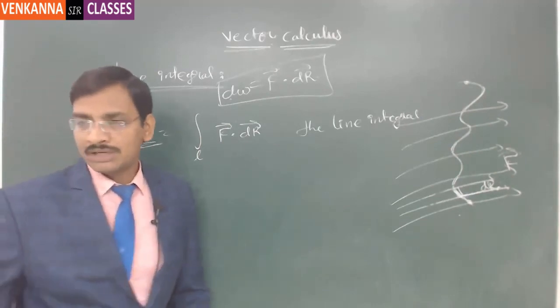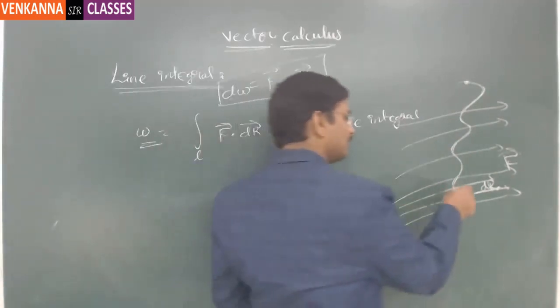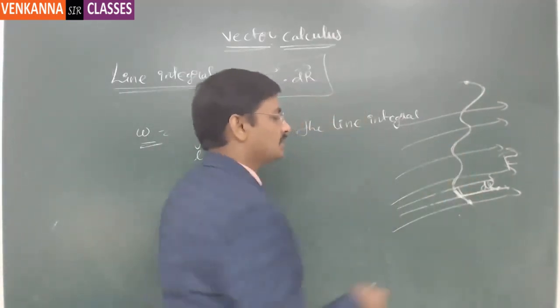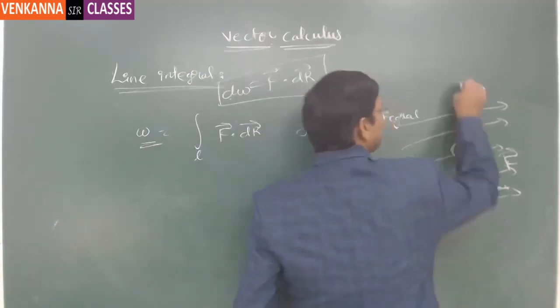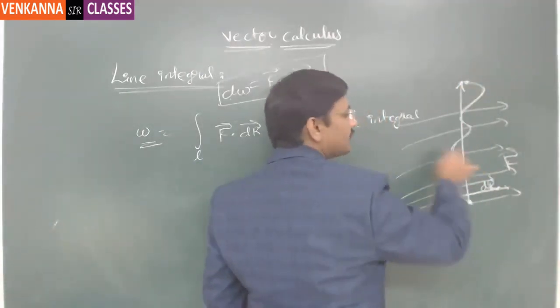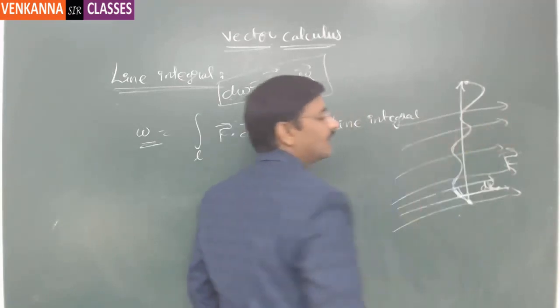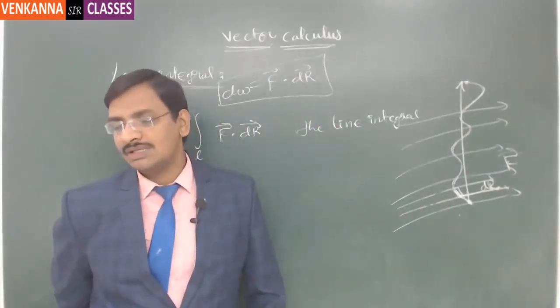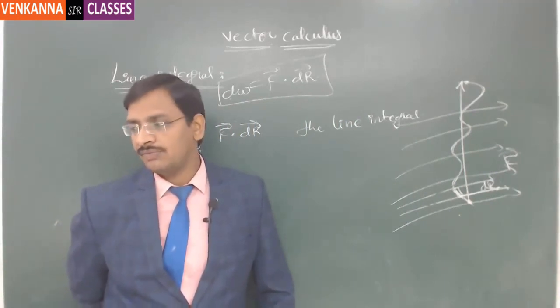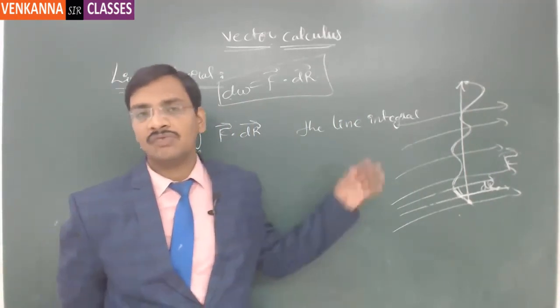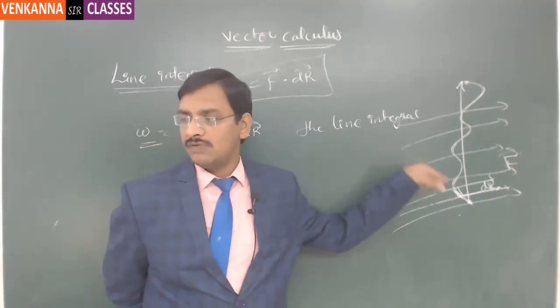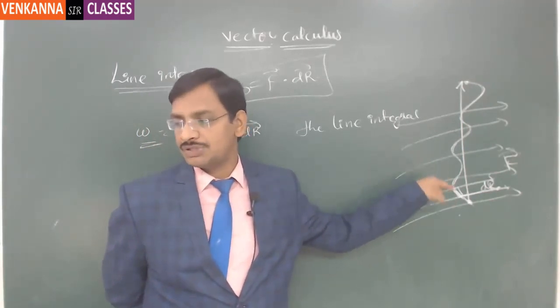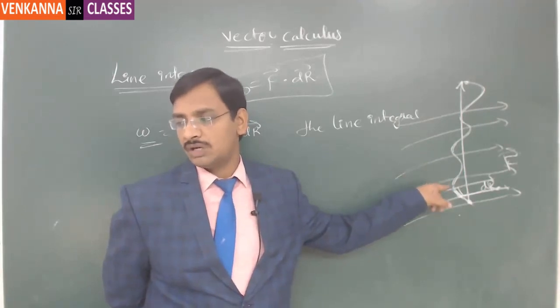Here the problem is that at every place this dr is changing. You cannot just join a straight line here, because the force field does not have a specific direction. If it is a single force, that is fine, but here there are infinite force lines, and the direction of the force depends on the position where you want to calculate it.